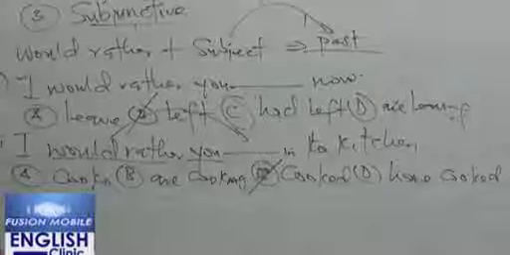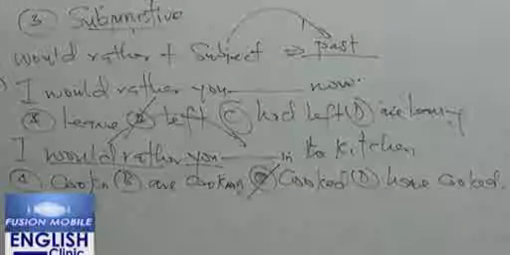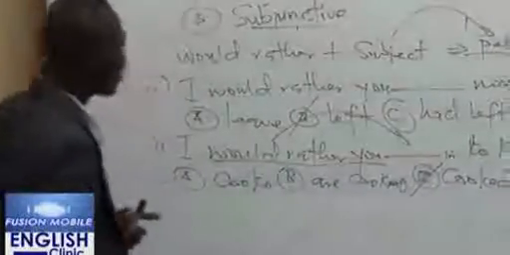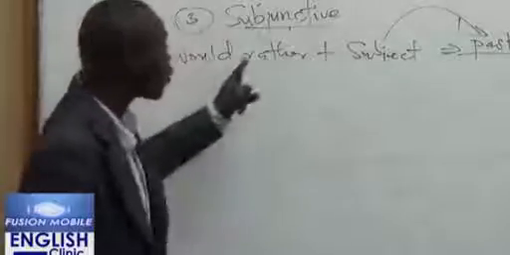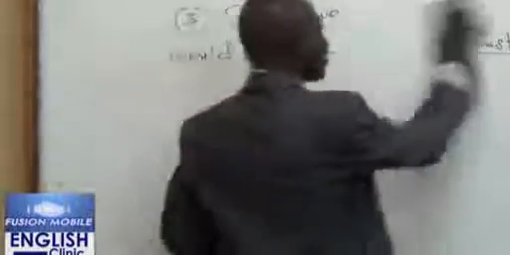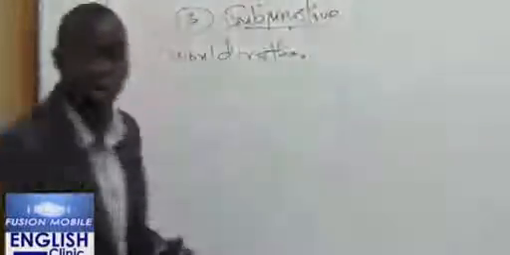Now, we're going to look at another function of the past subjunctive. But before we go to that, let me mention something that is very, very important here. Looking at the expression would rather, it is also possible for us to have would rather not followed by the subject.